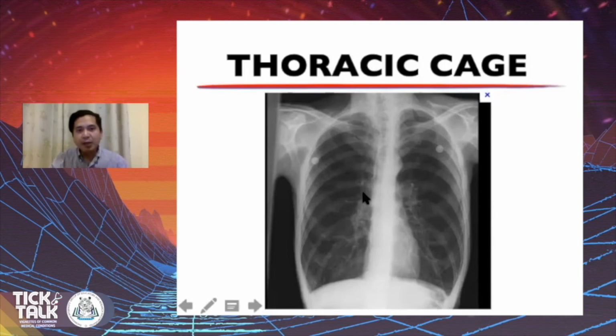It takes practice and experience to be able to see such widening of intercostal spaces. It would be good to review normal chest X-ray films so that you can see any deviation from the normal.